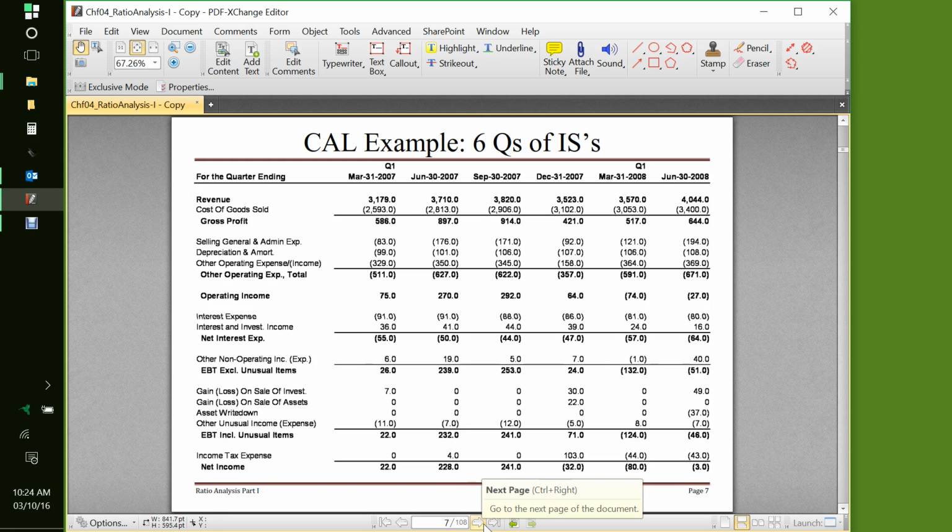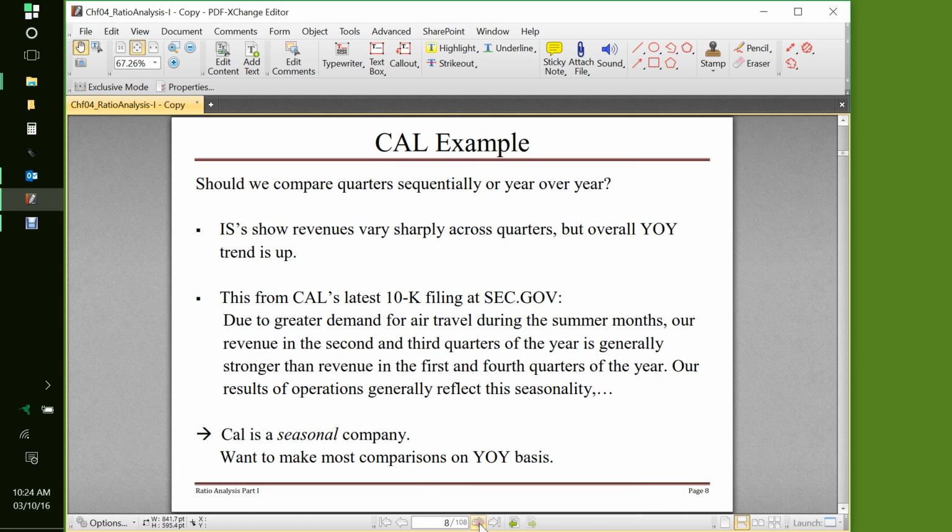Another example would be a company like Procter and Gamble that makes, for example, baby diapers, paper towels, laundry detergent, things like that. These are commodities that we all use throughout the year, irrespective of holiday season, school vacations, etc. Okay, so Continental, seasonal company. Typically, we're going to want to compare a lot of quarterly information year over year.